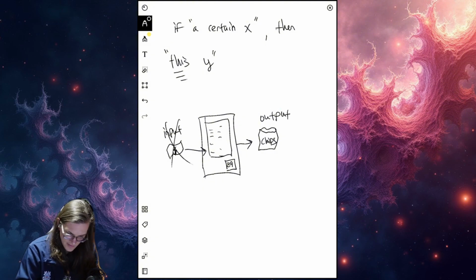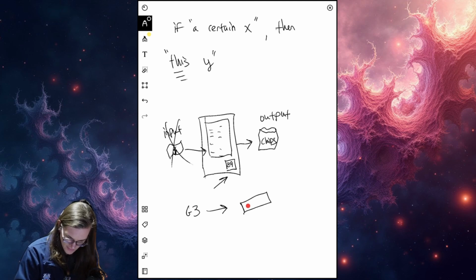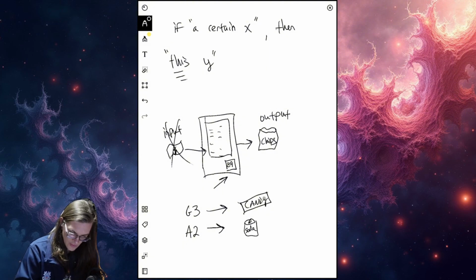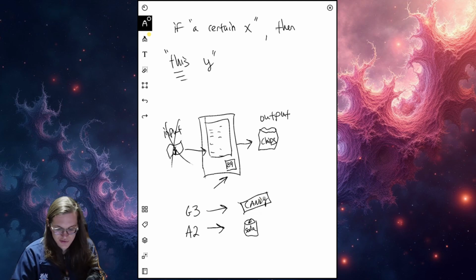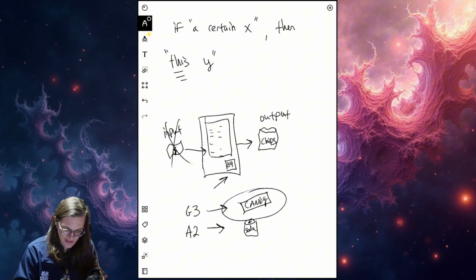Maybe it's better to think of the code that you give the machine. If you tell the machine G3, then you get out a candy bar. I don't know how to draw a candy bar. It's just a candy bar. And if you put in A2, you get out a soda. So whenever the function is given this input, you get out this specific output. If you put in G3, you don't get either chips or candy or soda, you only get candy.